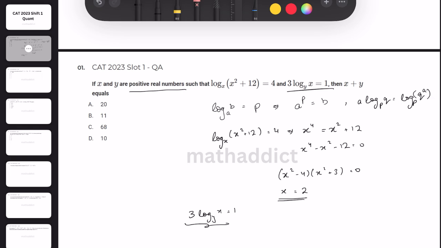So this becomes log base y of x cube, and from this we get y equals x cube. So that gives us y is 8. So x plus y is 10. So the answer is D.